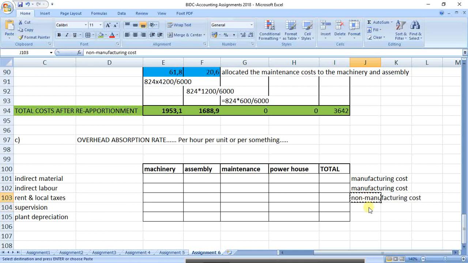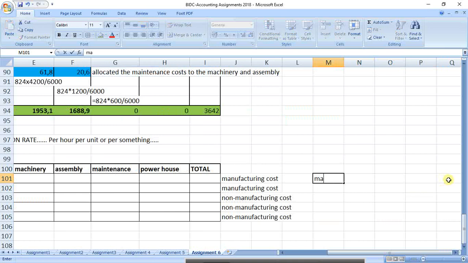Because that's not part of manufacturing, it's separate. Alright, so those are the identification of cost in terms of manufacturing and non-manufacturing. Then you've got overheads, and overheads can be the total overheads for the entire business, or they could be manufacturing overheads. So you get manufacturing overheads, and you get non-manufacturing overheads.